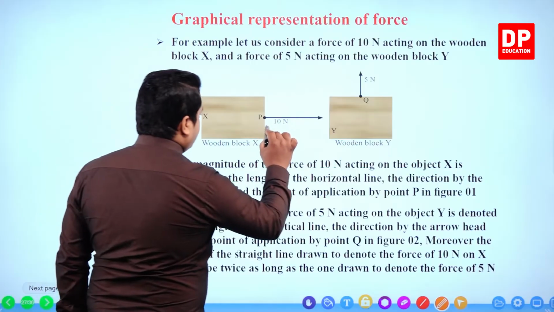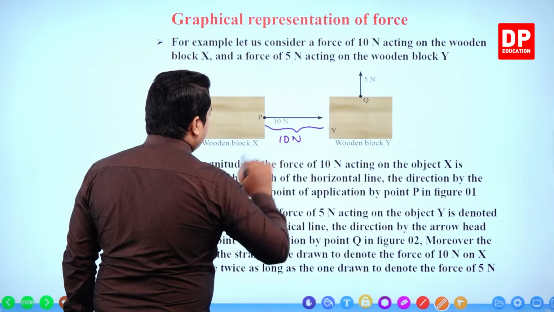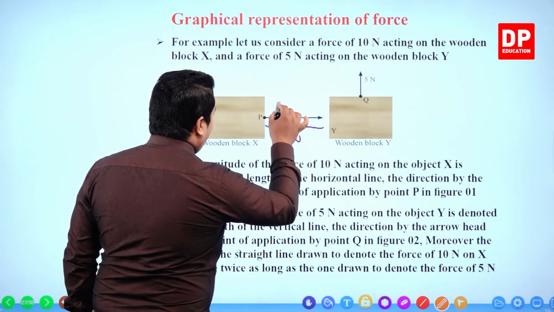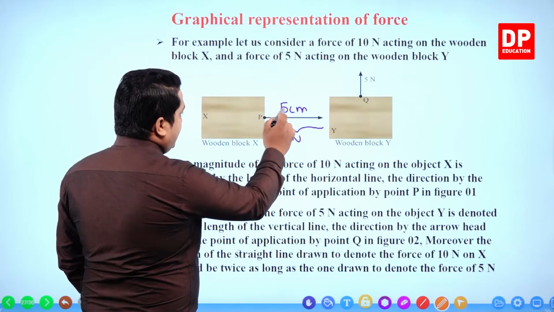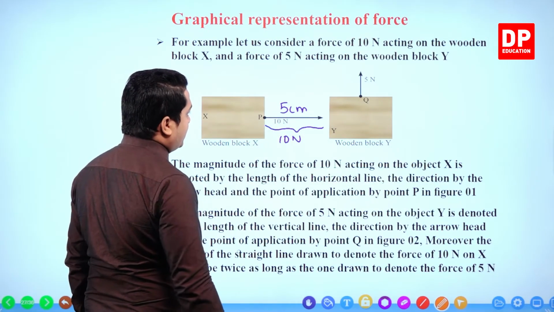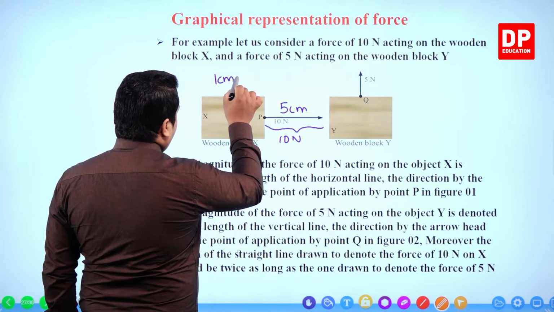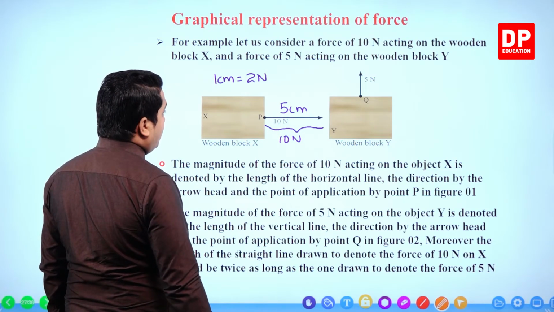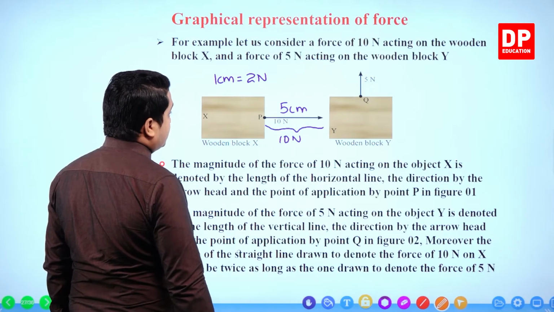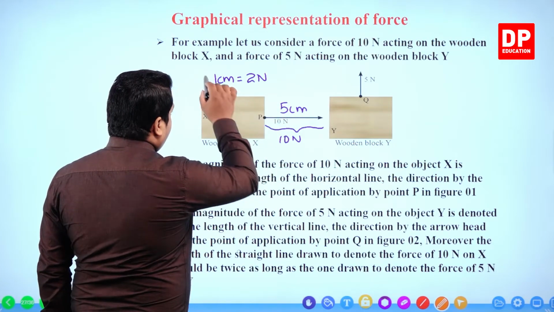Here you can observe the line, which is equal to 10 Newtons of force. Let's say that this is 5 centimeters. So 5 centimeters now represents 10 Newtons. Okay, so you can say that 1 centimeter is equal to 2 Newtons of force. You just need to divide both sides by 5 to get the relationship. So here 1 centimeter is equal to 2 Newtons.